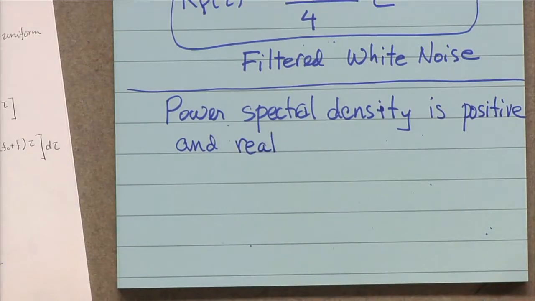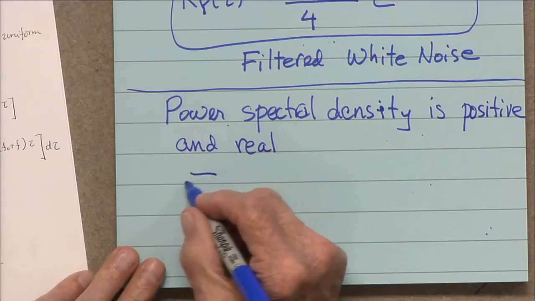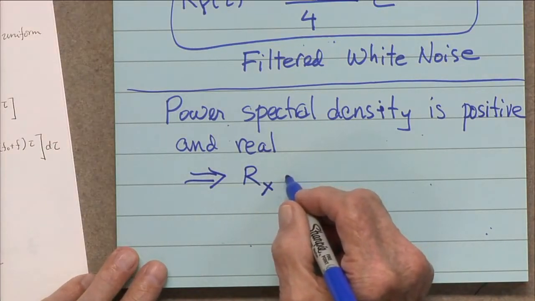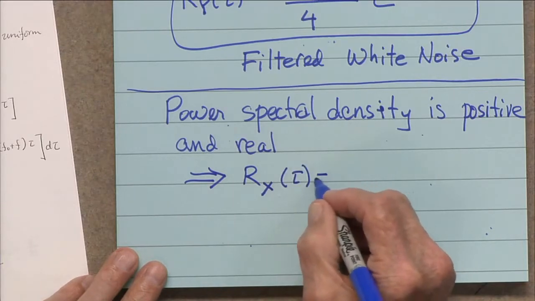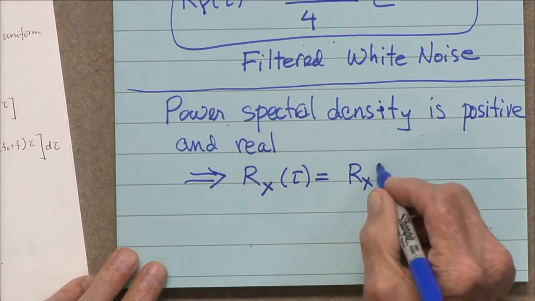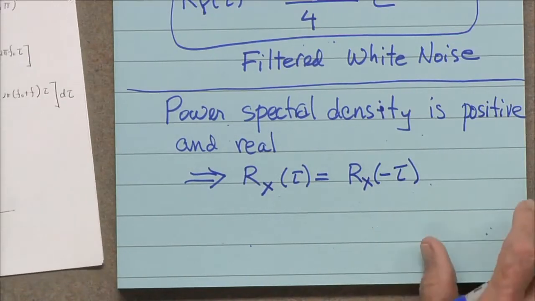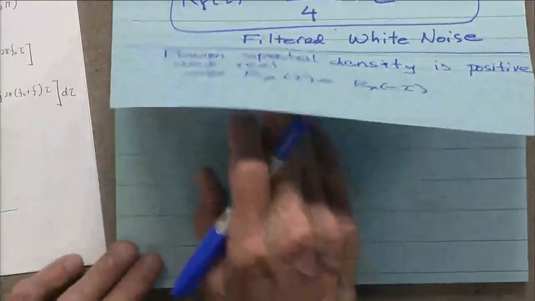It's positive and real. That implies that R_X of tau is equal to R_X of minus tau. Symmetry.